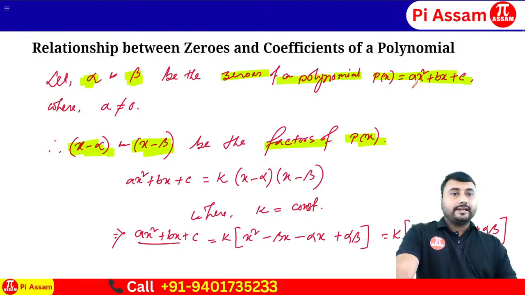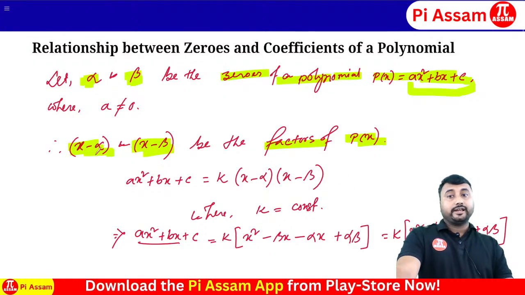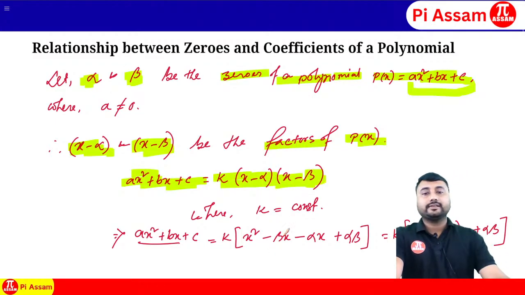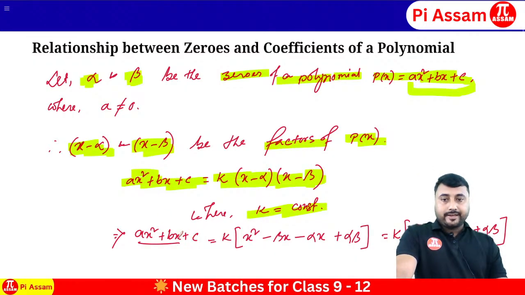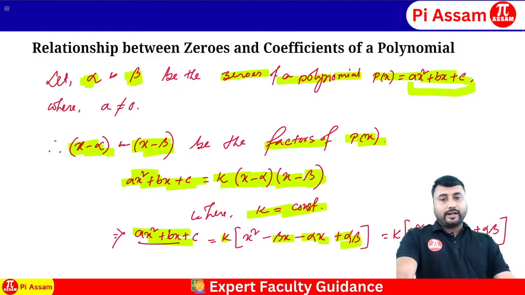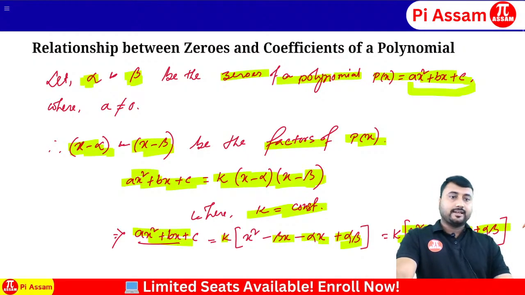So we can write here ax squared plus bx plus c is equal to k into (x minus alpha) and (x minus beta), where k is the constant. So ax squared plus bx plus c is k into (x squared minus beta x minus alpha x plus alpha into beta), which is equal to k into (x squared minus (alpha plus beta) into x plus alpha beta).